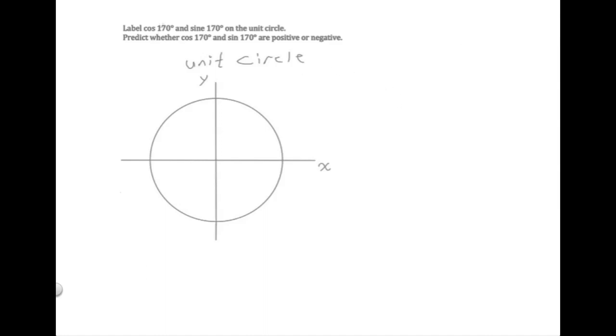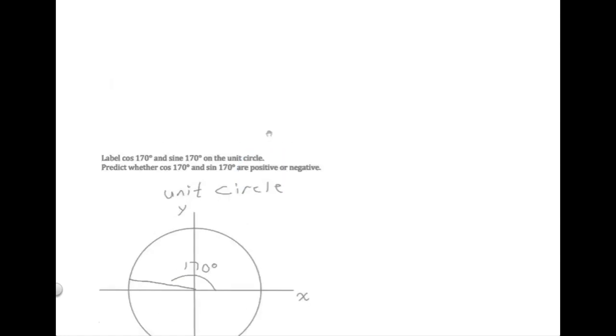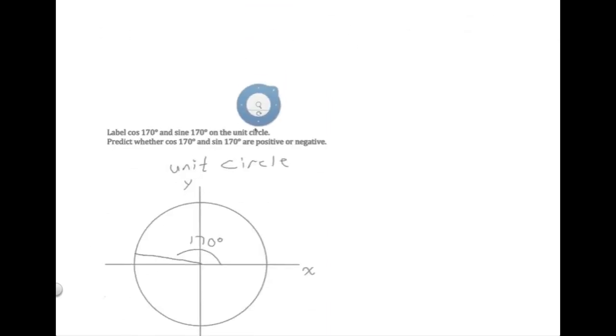Well, first of all, we have to find an angle of 170 degrees, and that would be approximately, say, over here. Notice that in this interpretation, we measure the angles counterclockwise from the positive x-axis.